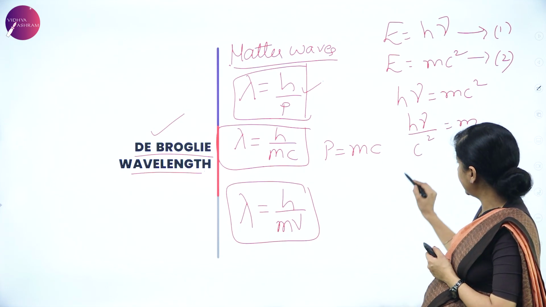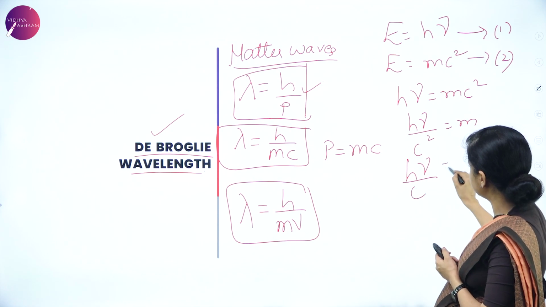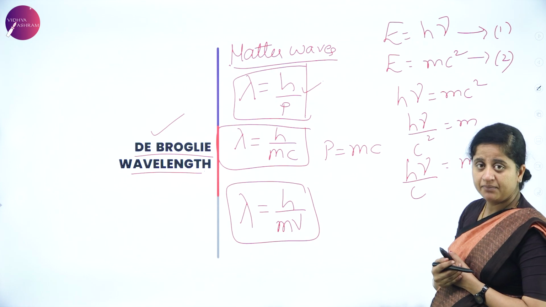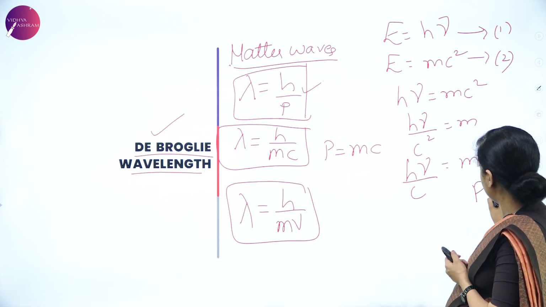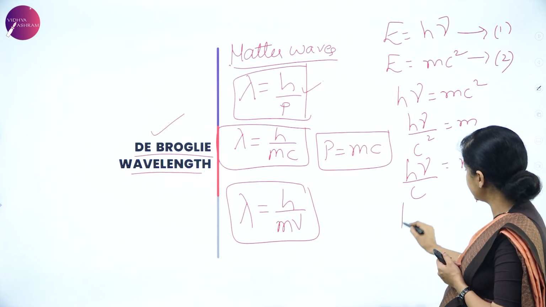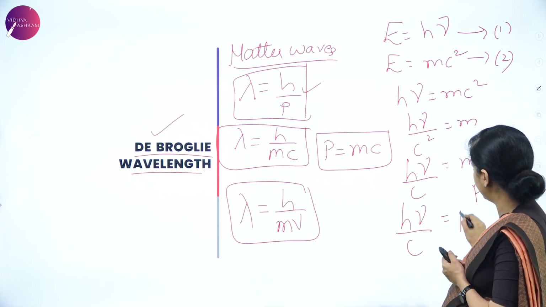Or we can write h nu divided by c is equal to mc, but we know that P is equal to mc, that is momentum.